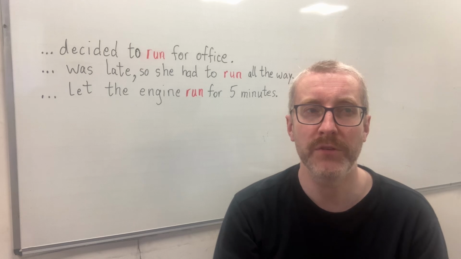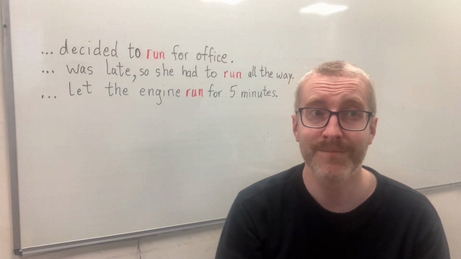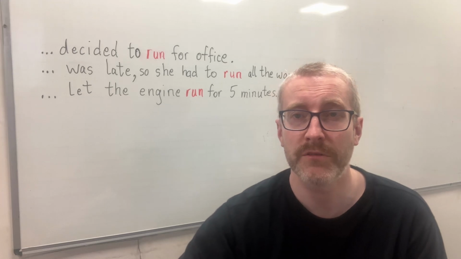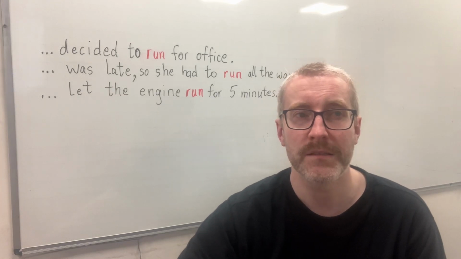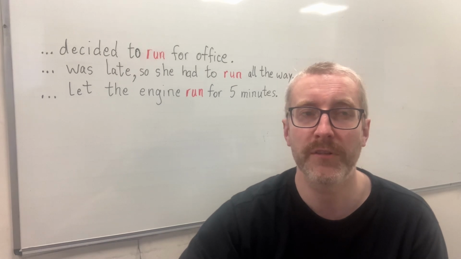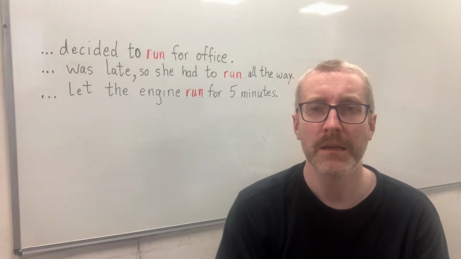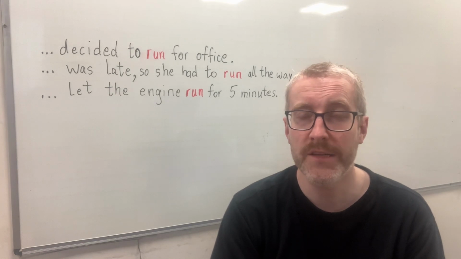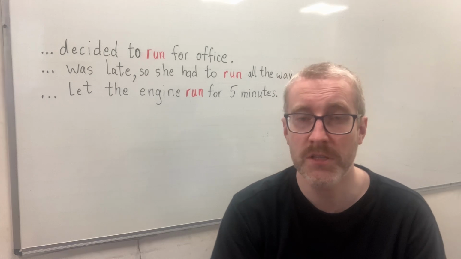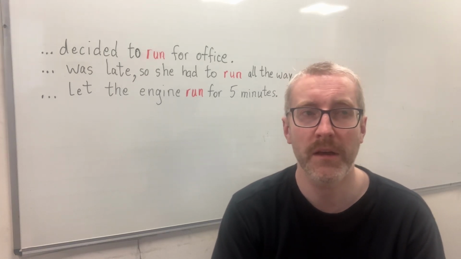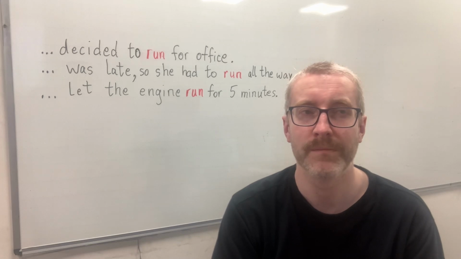For example, if you search for the word run, you might see lines like this: decided to run for office, was late so she had to run all the way, or let the engine run for 5 minutes. This lets learners notice patterns such as collocations, run for office, run late, run the engine, and understand multiple meanings of the word, rather than relying on isolated dictionary definitions.